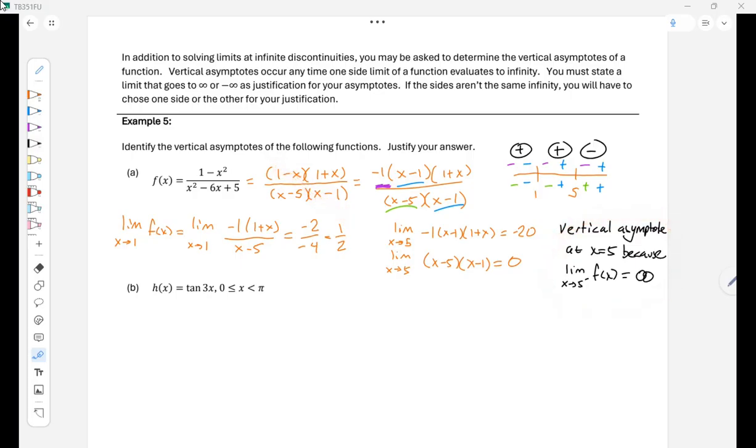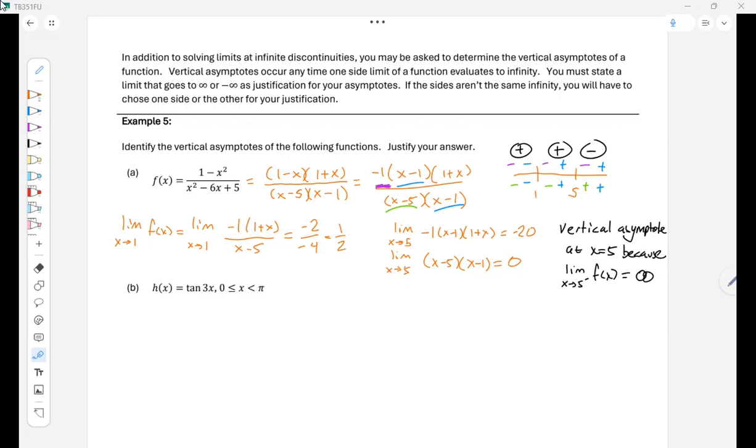If after cancellation you're still there, then you are a vertical asymptote. Make your sign chart, pick one of the side limits. That's your justification for being a vertical asymptote. Vertical asymptotes happen when you get a limit that equals infinity.